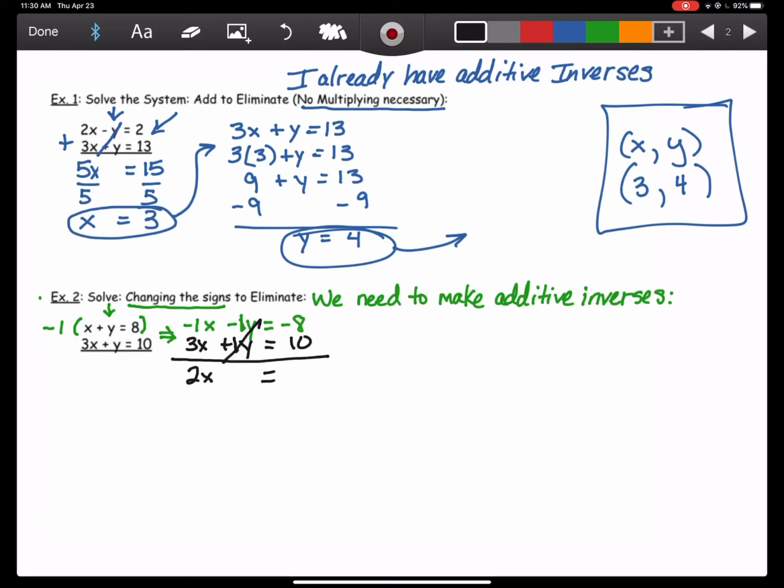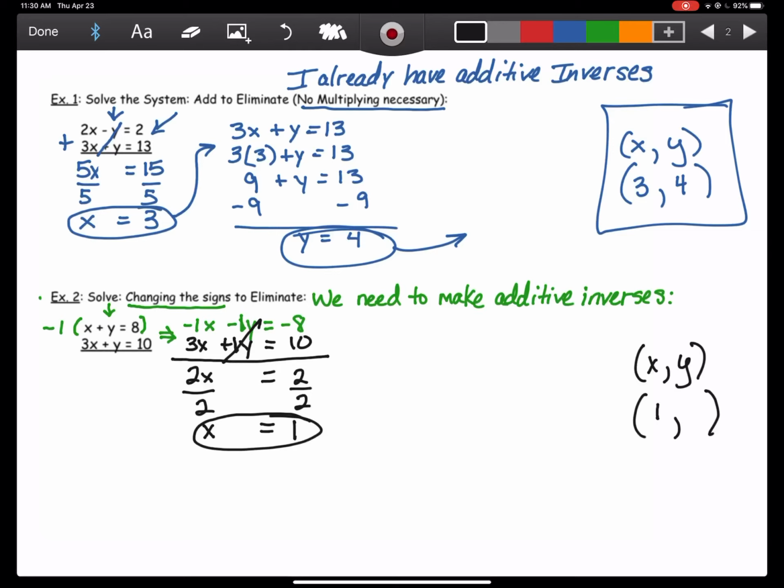Equal sign comes down. -8 and +10 make +2. Thinking ahead, I need to divide both sides by 2, but I know my answer is going to be 1. So I divide both sides by 2 and I get x equals 1. That's part of my answer. Thinking ahead, I've got an x comma y as a goal, and I'm trying to write 1 into that ordered pair so I can be ready to finish up.